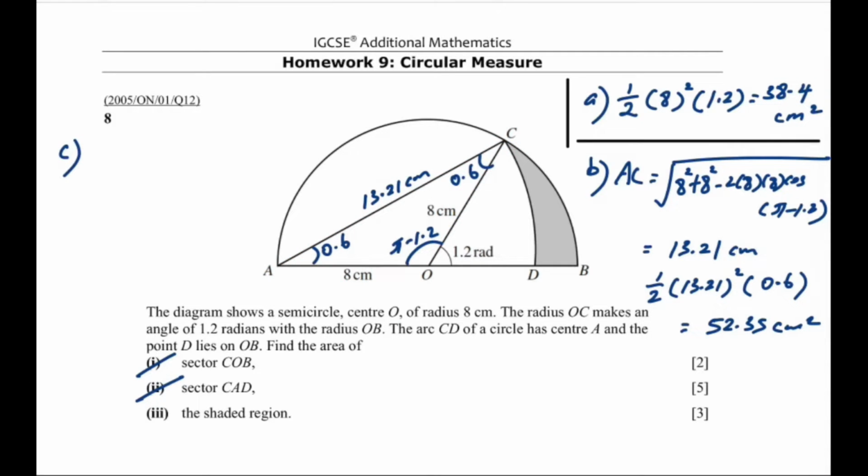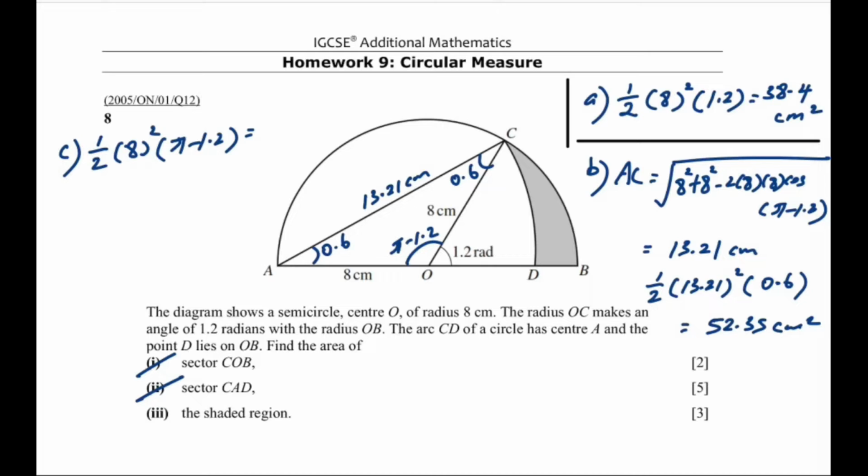Okay, so triangle, 1 over 2 AB sine C. So AB is x cm each. C is pi minus 1.2.